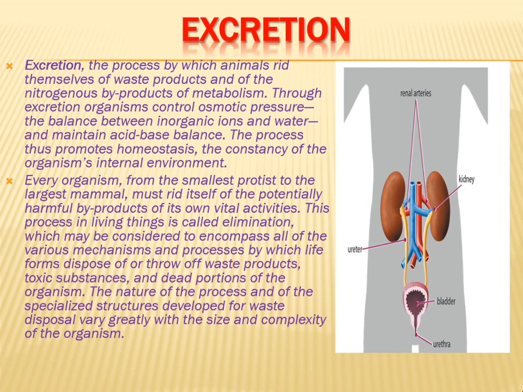Every organism, from the smallest protista to the large complex mammals, carries out the process of excretion, and must get rid of the potentially harmful byproducts of its own vital activities.